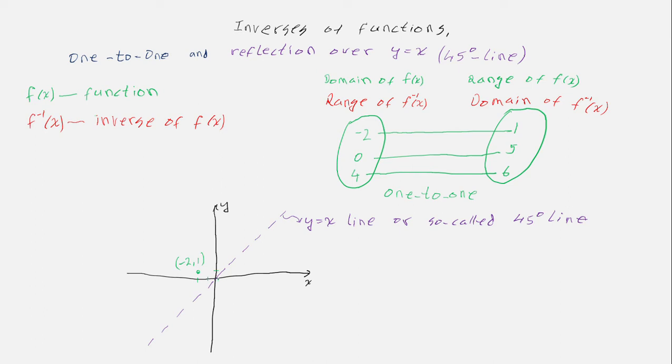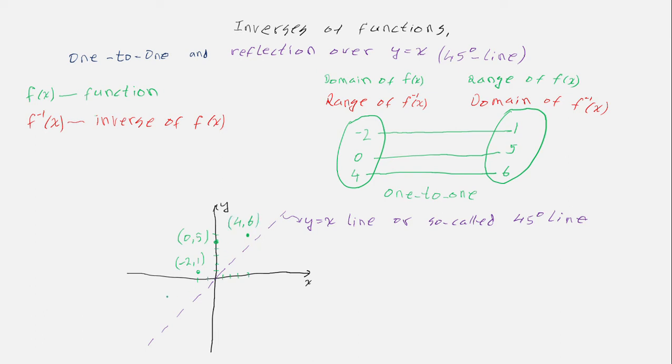So 0 on x and 5 on y: 1, 2, 3, 4, 5. That will be right here. So this is 0, 5, right? And then 4, 6, an ordered pair. So 4 on x, 1, 2, 3, 4, and then 6 on y, which will be somewhere around here. So this is 4, 6.